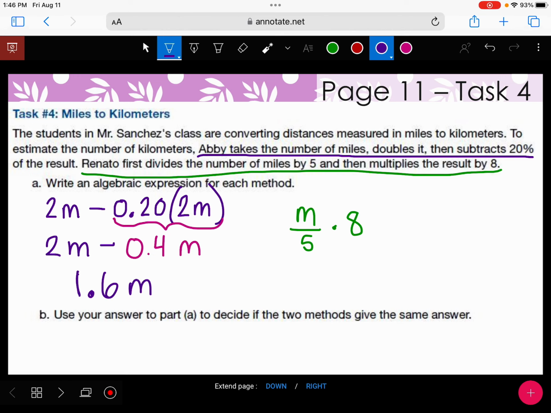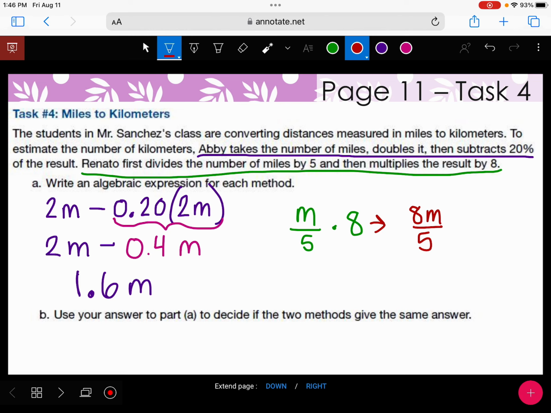Let's look at Renato's now. See if we can simplify his and make it so they compare. So let's see if we can get it into decimal. M over 5 times 8. Well, we could write that as m times 8 over 5, or 8m over 5.